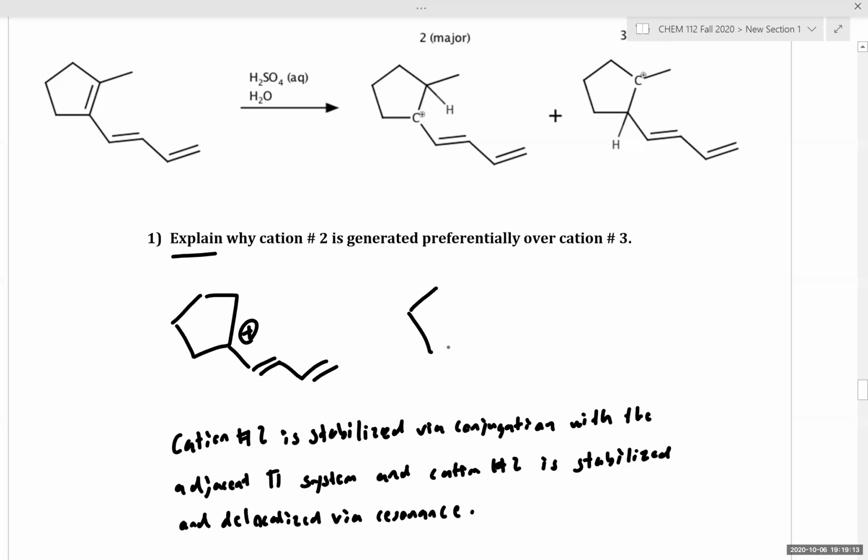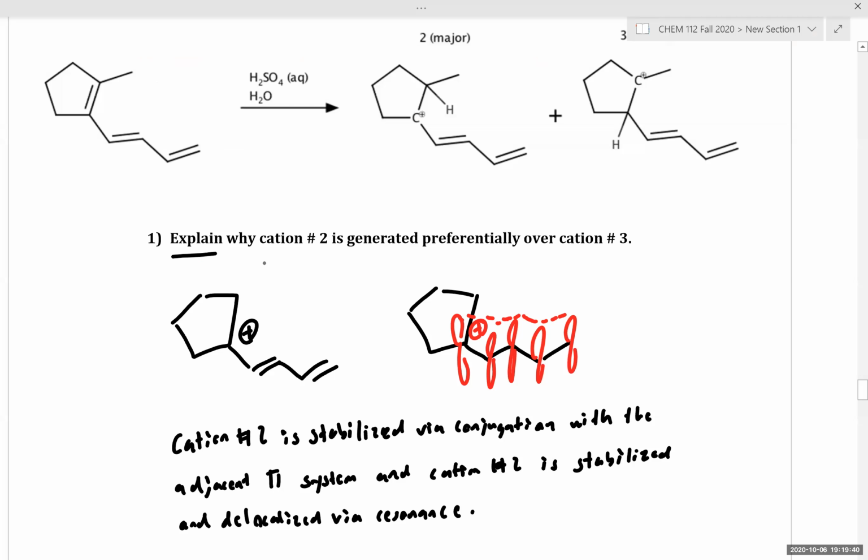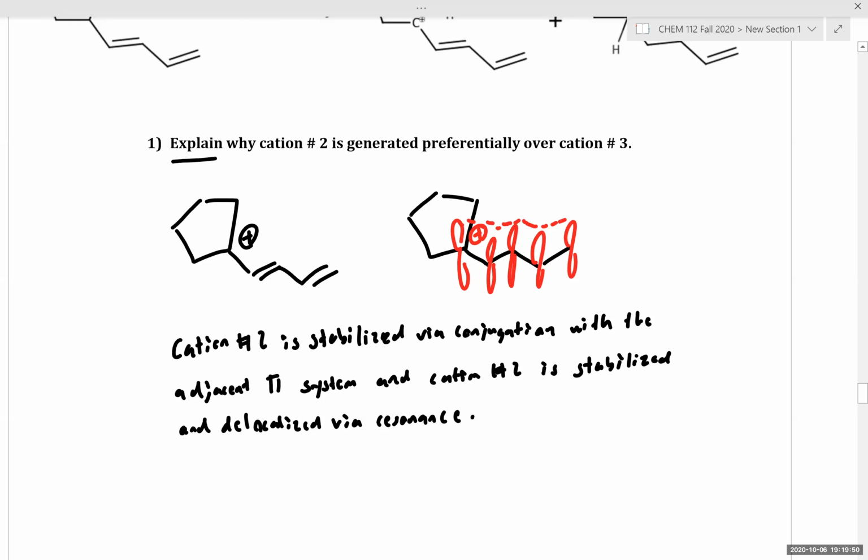So if we were to draw this with an orbital picture, and use a different color pen for this, we're able to delocalize and stabilize cation number 2 via delocalization throughout our pi system. So that's why cation 2 is generated preferentially over cation 3 under equilibrating conditions. Does this first part make sense?